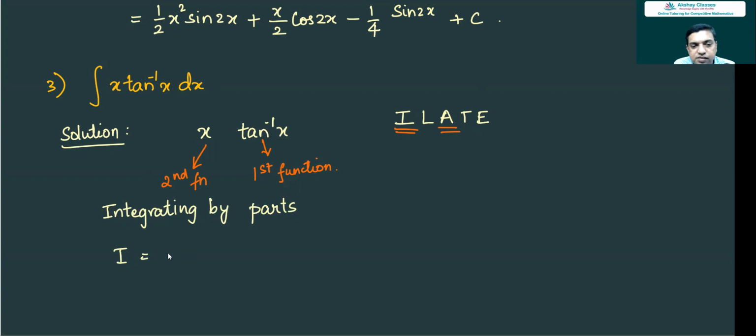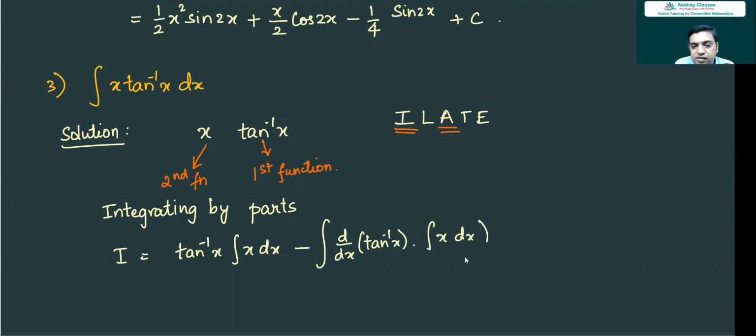First function, what will it be? X. No, sorry. First function is tan inverse x times the second function integral dx minus integral of the derivative of tan inverse x into integral of x dx.